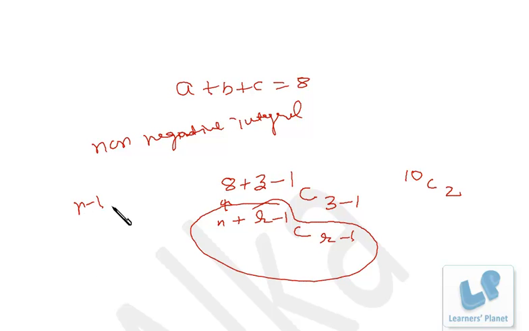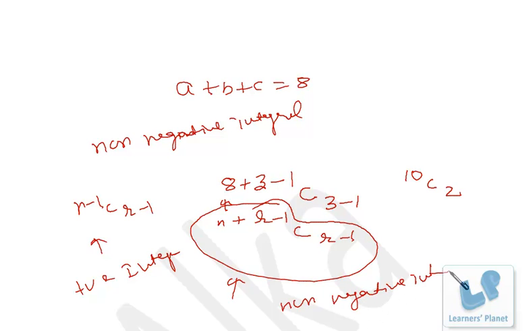The previous case, N minus 1 C R minus 1, is for positive integral solution, and this is for non-negative integral solution. Okay, so you are getting the difference between the two. Positive means 0 is not at all allowed, non-negative means 0 is allowed. Okay, so if you learn the direct formula, that will also be very good, and your concept should definitely be clear, because if any twist is there, the direct formula cannot be applied.